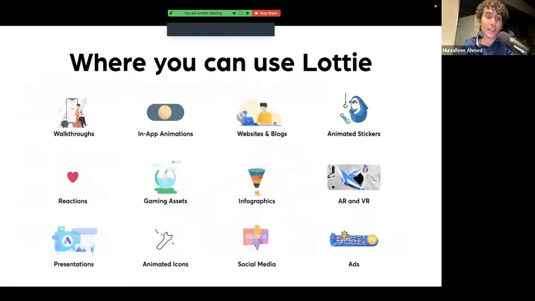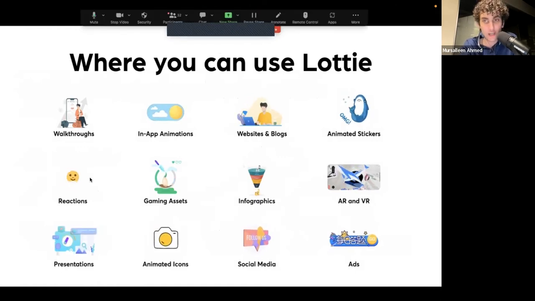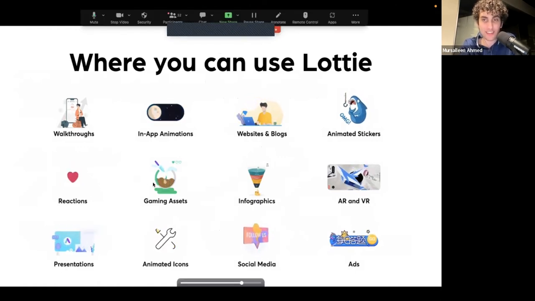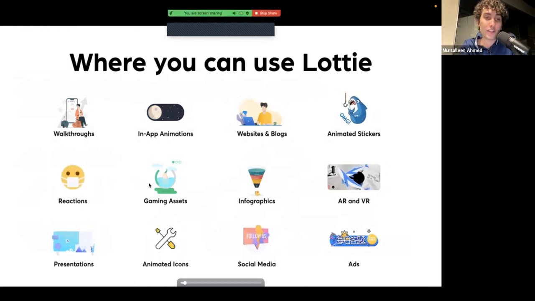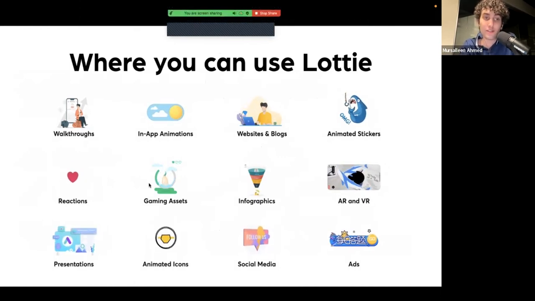So where can you use Lottie? What are the implementations? Well, the answer to that is that it's limitless. The only limit is your imagination. How creative can you be? I've seen it used in walkthroughs, in-app animations, in websites and blogs. Telegram uses it in stickers.